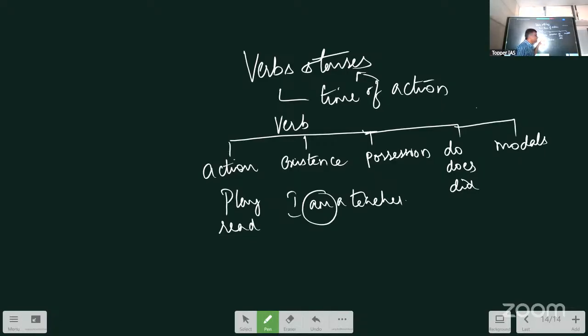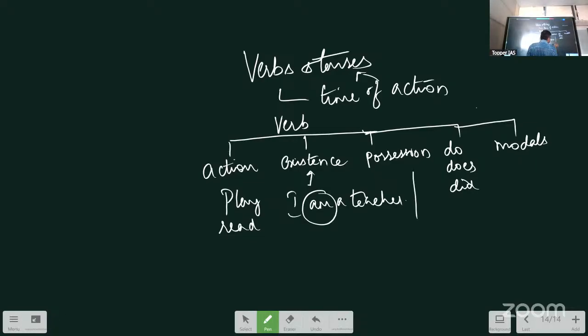It helps the subject to complete the sentence. But what does it indicate? It indicates my existence. She is a student. You are a student. This is a laptop. That is a fan. This is a chair. So when there is no action, but only a helping verb, bari helping verb ittu andre, it indicates existence.